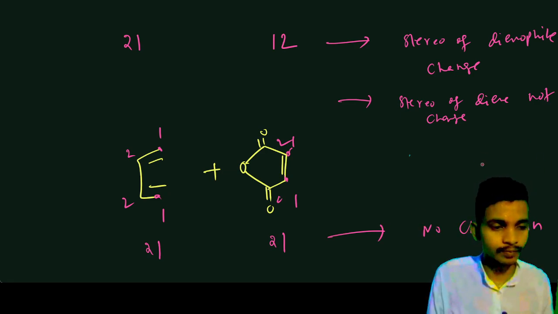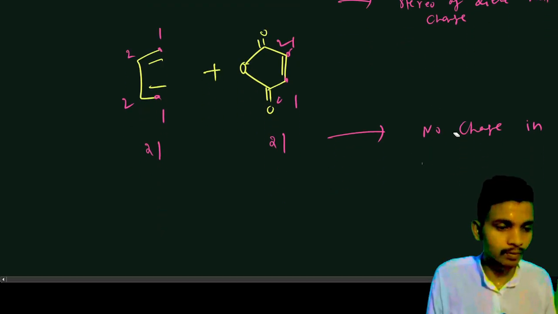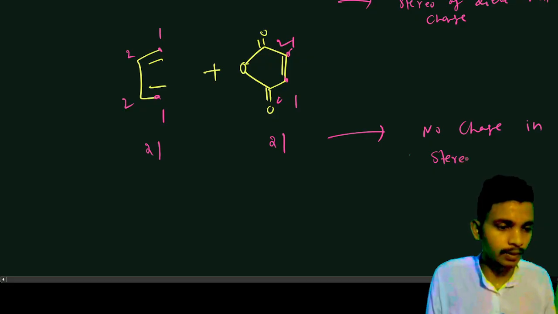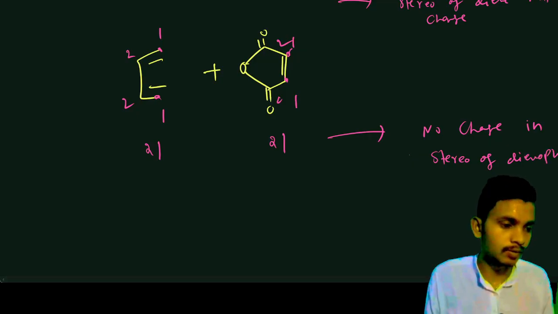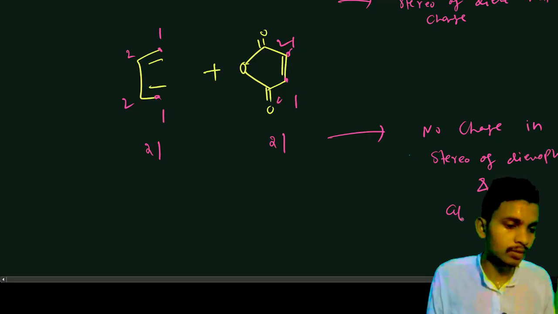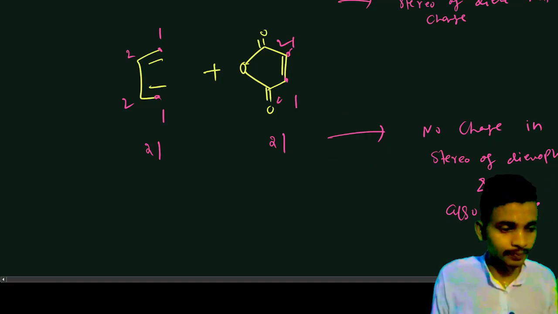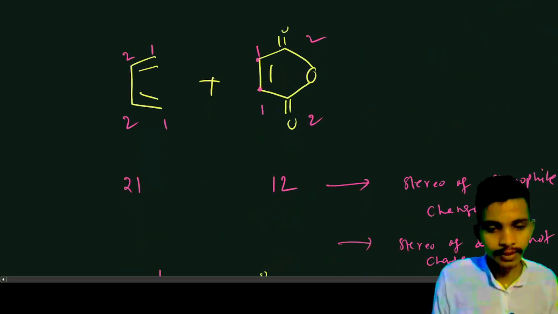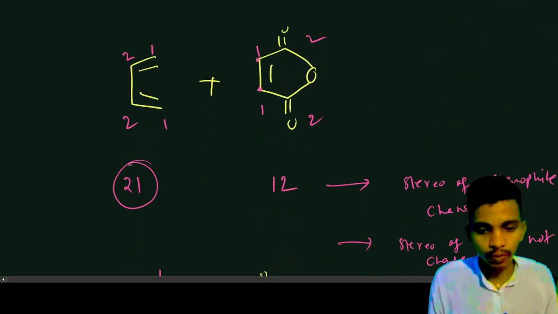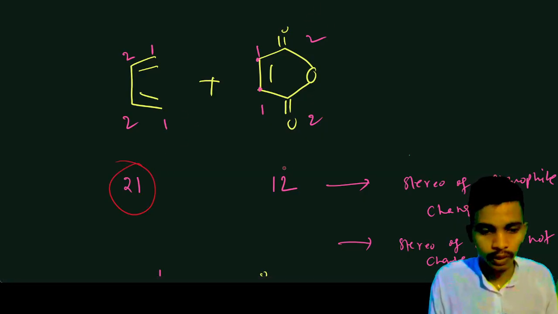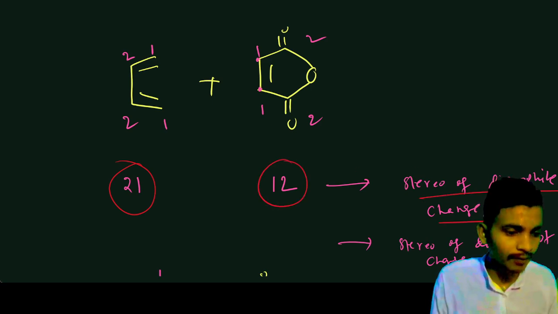in the stereo of the dienophiles, and also the diene, because for the diene there is no change in the stereochemistry in both of these cases. So if it is 2-1 and 1-2, then the stereo of the dienophile will change.